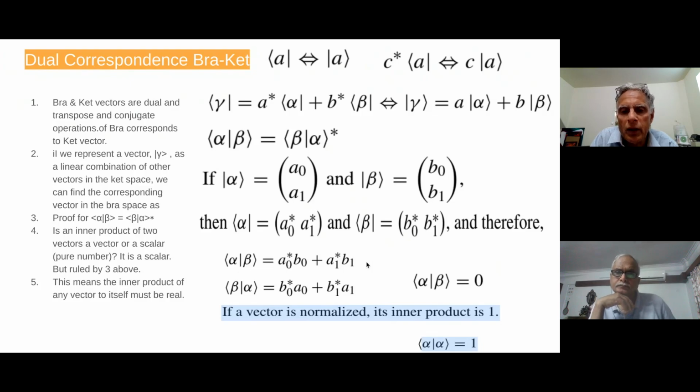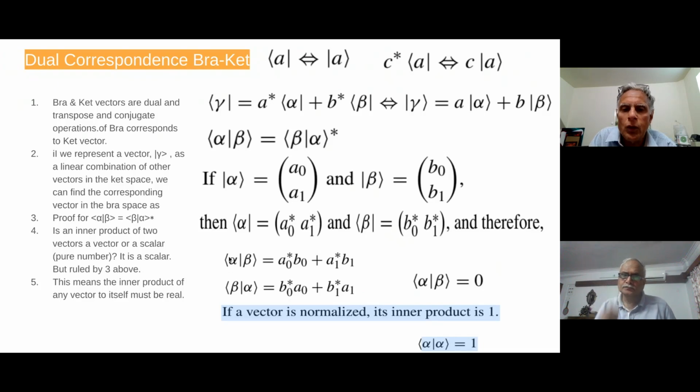Either way, the combination will turn out to be a multiplication: A0 star with B0 and A1 star with B1. So basically it is a matrix multiplication, and in the same way here, we have B0 conjugate with A0, B1 conjugate with A1. That's what it is.